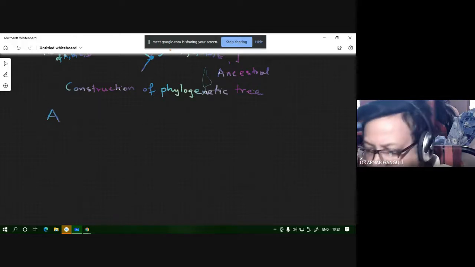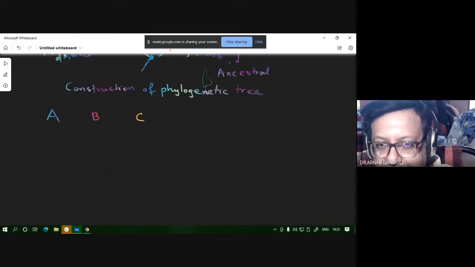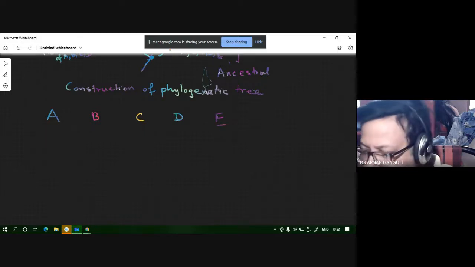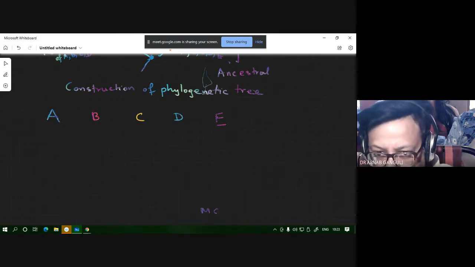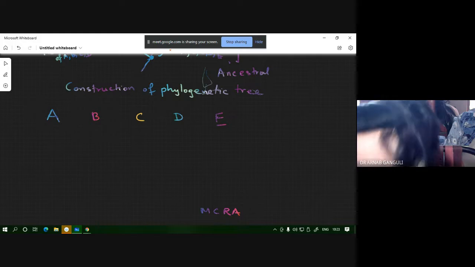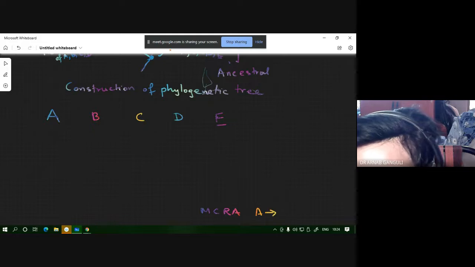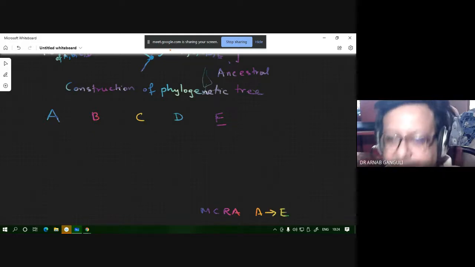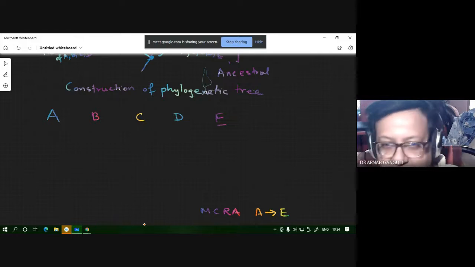This is A, B, C, D, and E. And we have a MRCA of A to E, the most recent common ancestor, একেবারে তলায় এখানে.